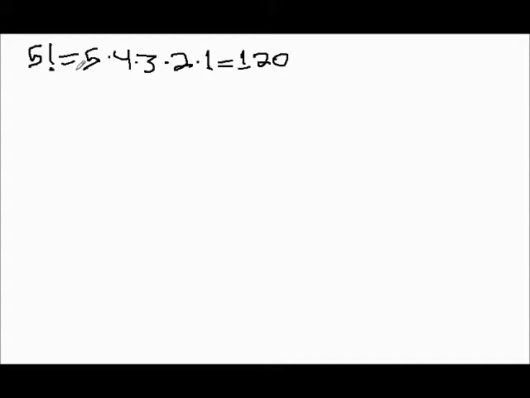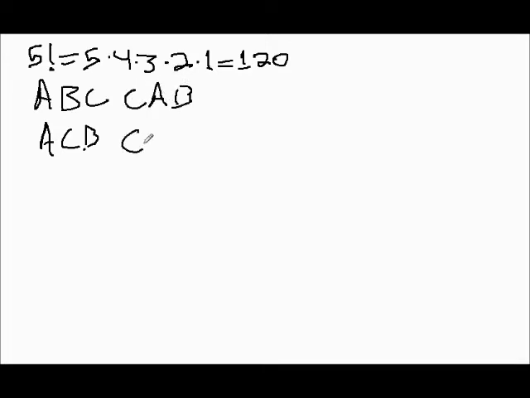A factorial expression tells you how many arrangements there are for n distinct items. Okay, so what does that mean? So for example, if you have ABC, you have 3 different letters here, and if you were to rearrange these, you would get ACB, you would get CAB, you would get CBA, you would get BCA, and you would get BAC.